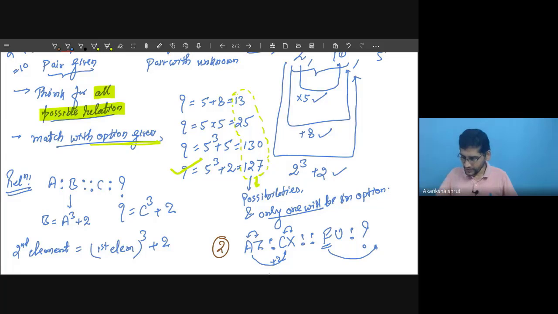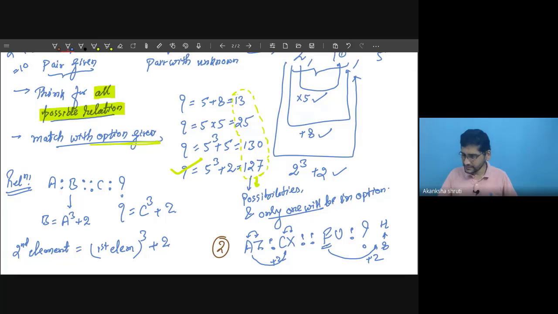So we have to observe and find it. F plus 2, we have to increase this F by 2. F is 6, plus 2 is 8. The same relation gives us this 8. 8 in character form is H.